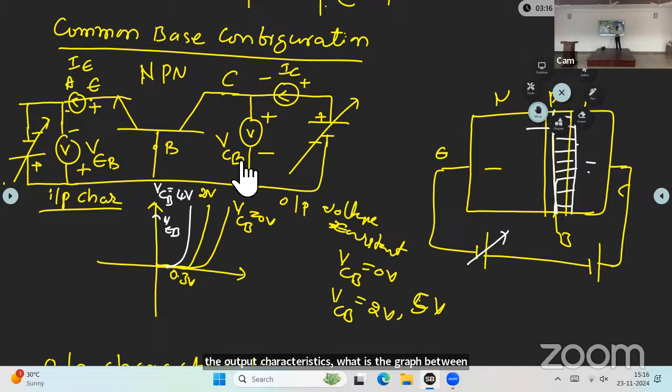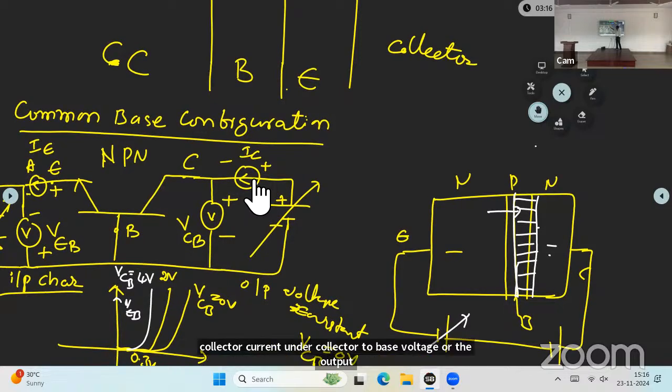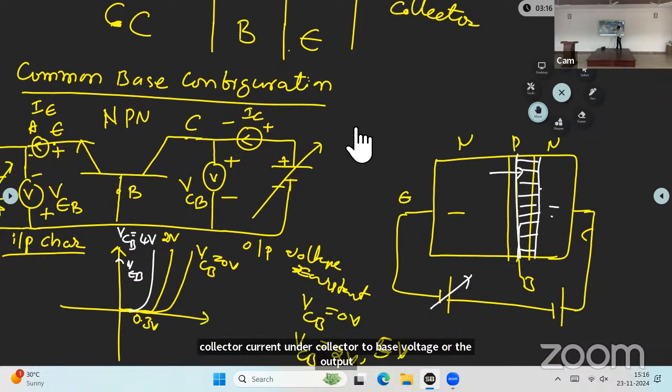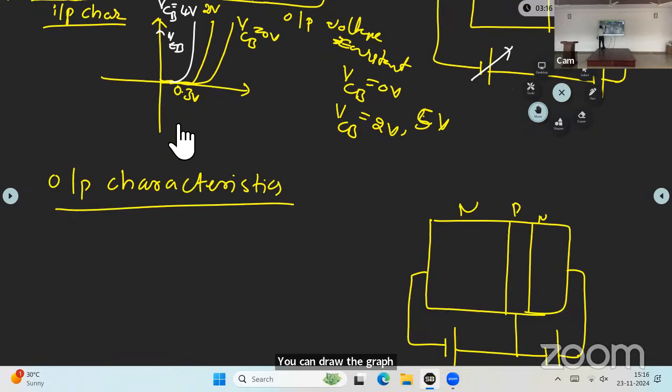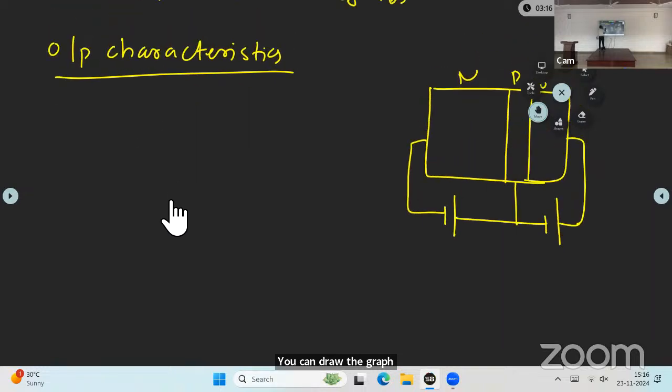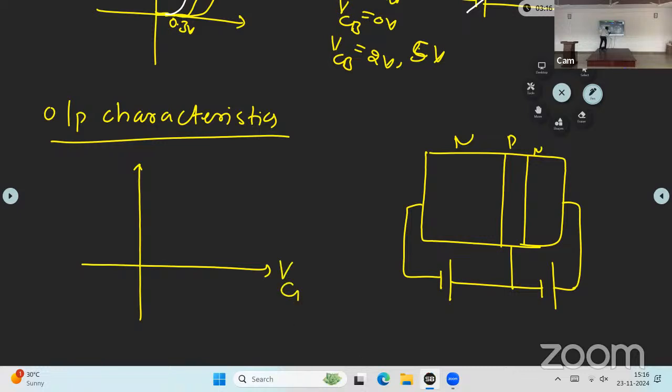Collector base terminal voltage and collector current. The collector current and collector to base voltage are the output parameters. Now you can draw the graph between the output voltage, the collector to base voltage, and the output current IC.